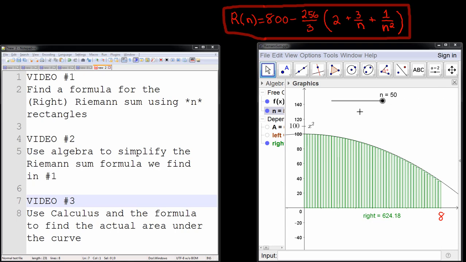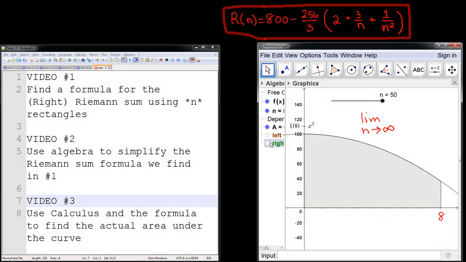All we have to do now to get our final answer is let the number of rectangles go to infinity. That will be the actual area. Let me show you a picture of it.